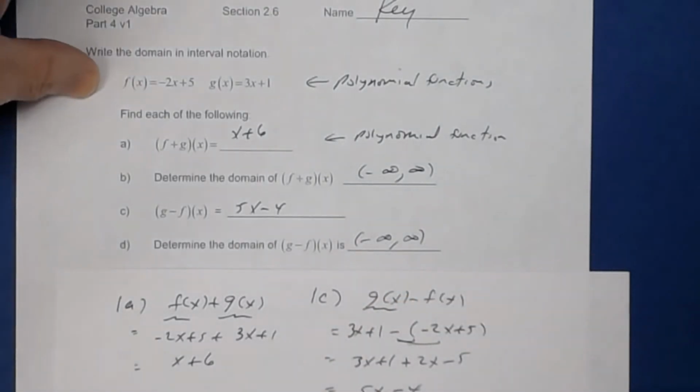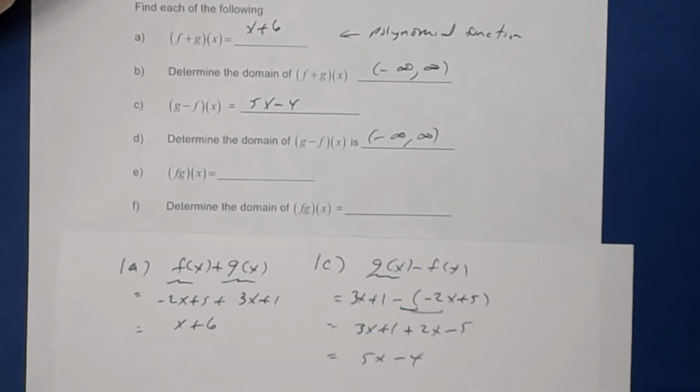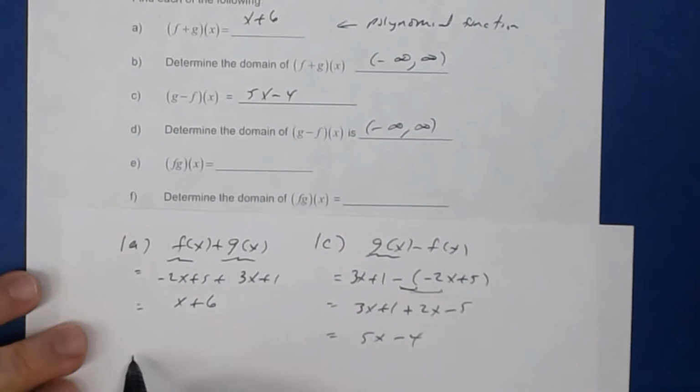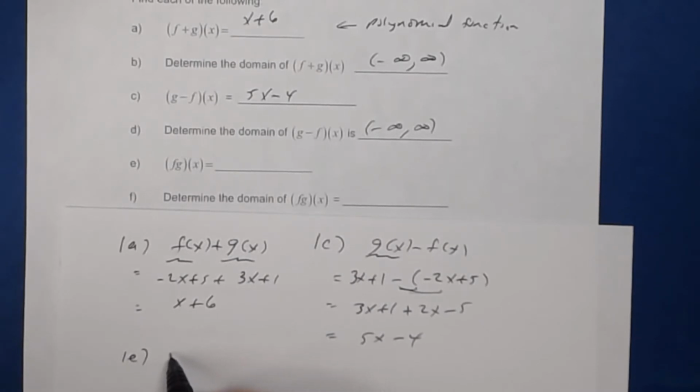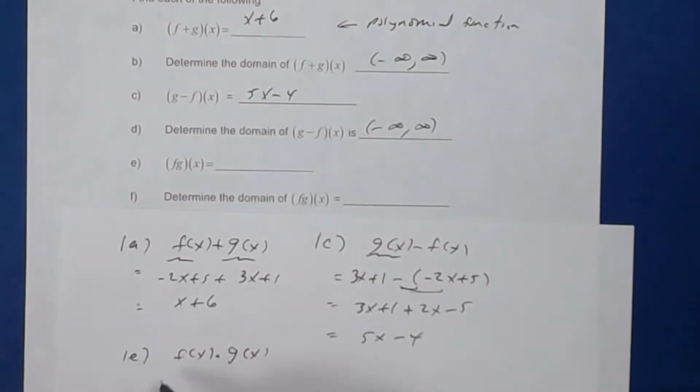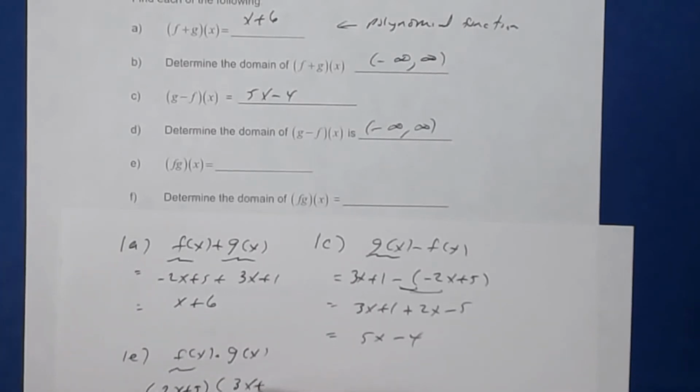In 1e, you want to multiply. Notice I need parentheses there with multiplication. By definition, this means f of x times g of x. f of x is negative 2x plus 5, and g of x is 3x plus 1.